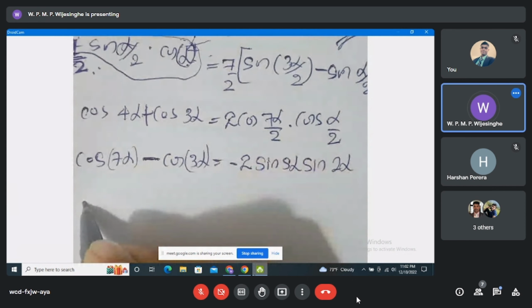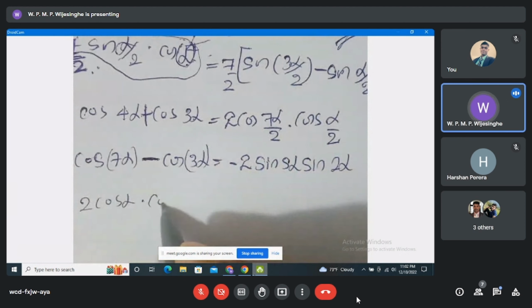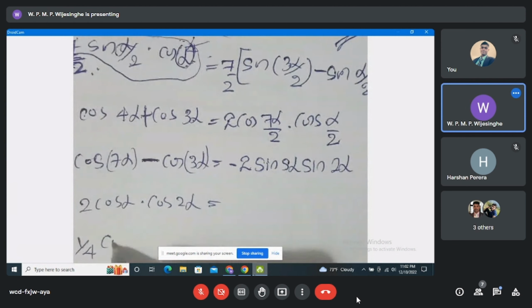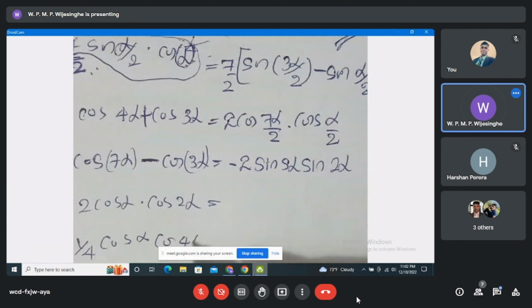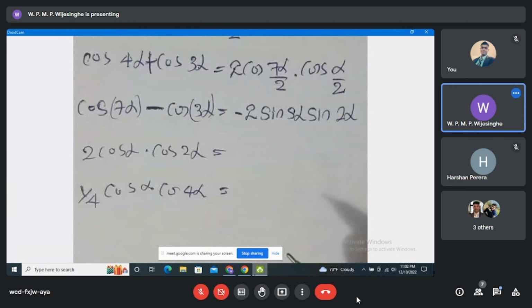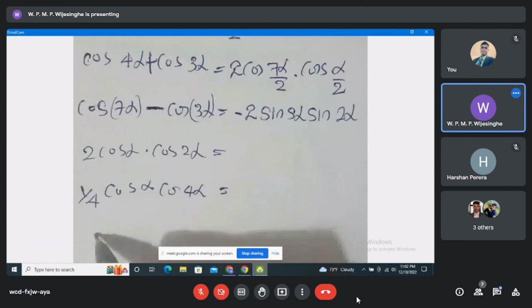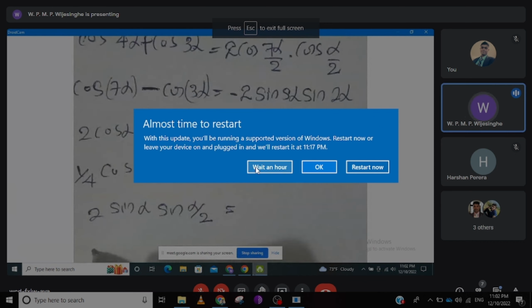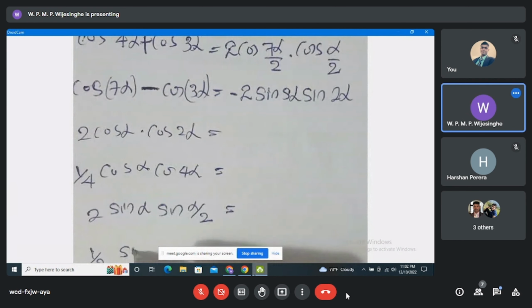Okay, then 2 cos alpha cos 2 alpha. Let's do this in reverse. Half cos alpha cos 4 alpha. 2 sin alpha divided by 2. Okay.